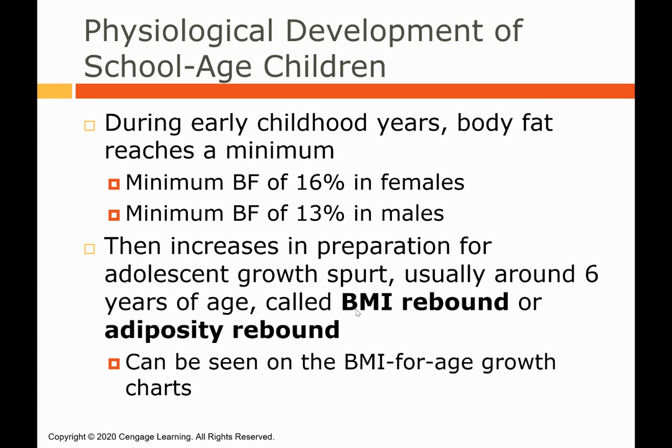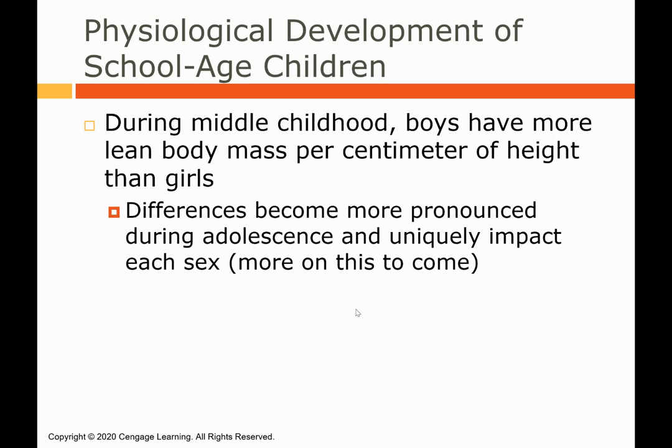So please be familiar with the term BMI rebound or adiposity rebound. During middle childhood, boys have more lean body mass per centimeter of height than girls. These differences can become more pronounced during adolescence and uniquely impact each sex, and more on this to come during adolescence.